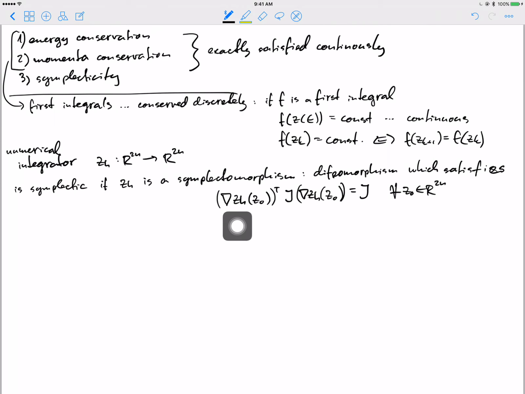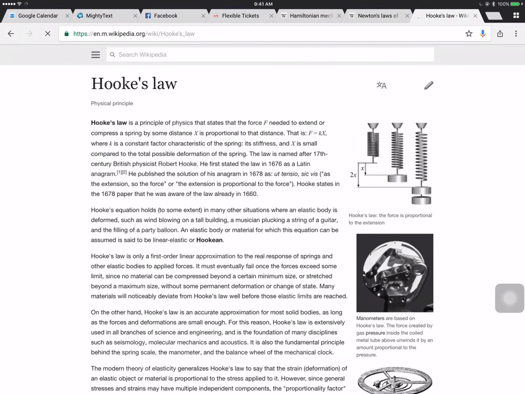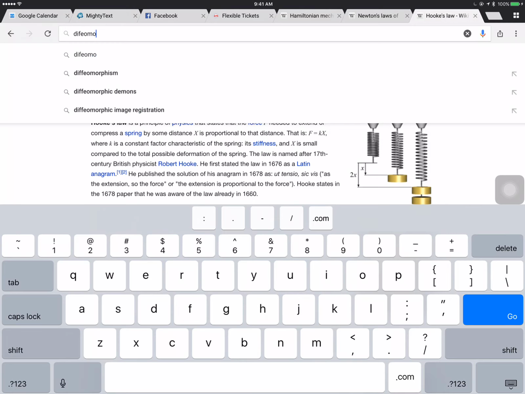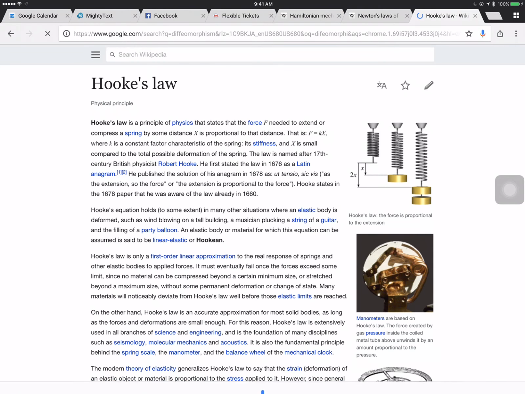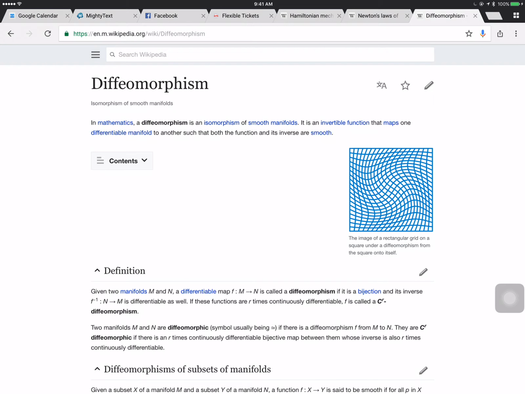You're spelling that DIFEOM? Oh, maybe I spelled it wrong. I just never heard of that term before. I might have the spelling wrong, so let's just Google it real quick. There's double F's, yeah. Okay, sorry. So that is a D. Okay. Diffeomorphism.